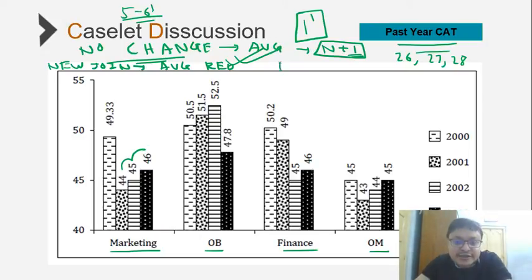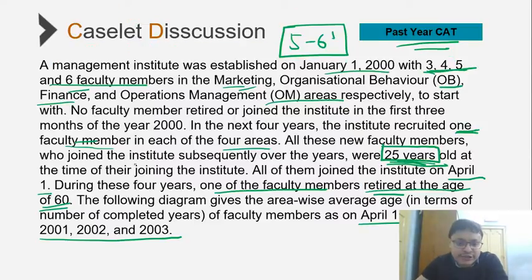If a faculty retires, again the average will reduce. Why will the average reduce if a faculty retires? The one who's retiring is at a higher age, that is 60 years of age. So for example, if the average is 50 currently and a 60-year-old leaves, then automatically the average will reduce.